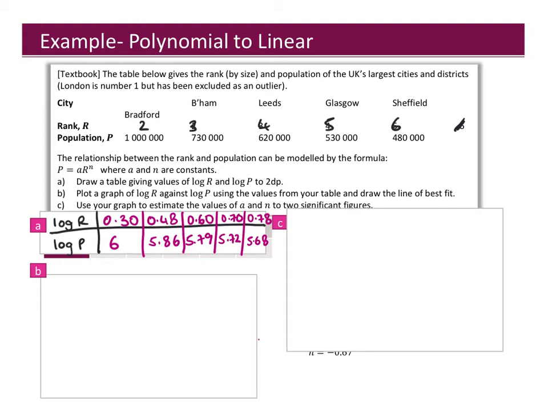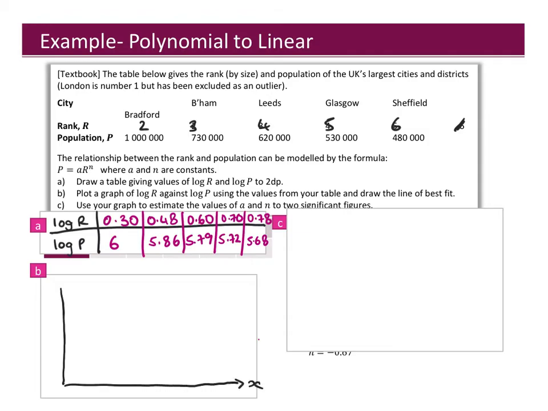If it says log r against log p, that means log r is our new x-axis and log p is our y-axis. So we're going to draw a lovely straight line using a ruler. And remember, if my line isn't straight, it's because you need to go to Specsavers.